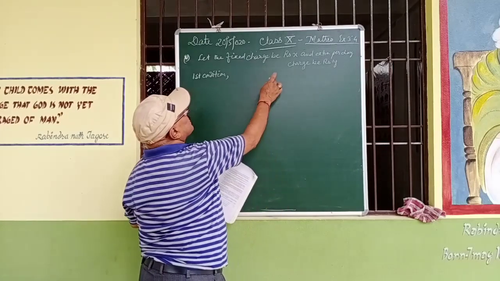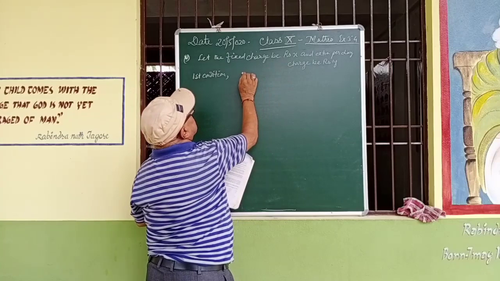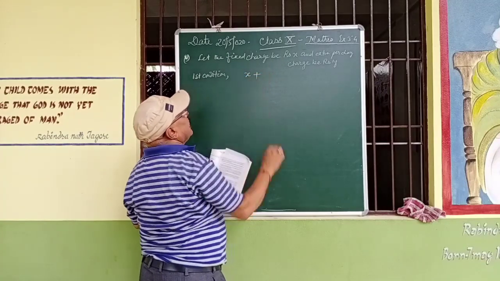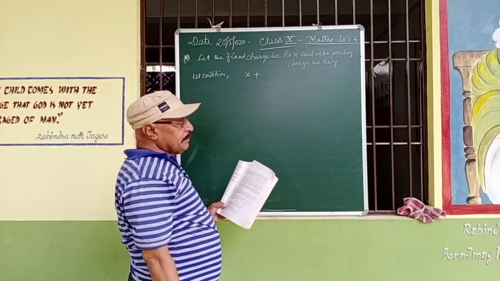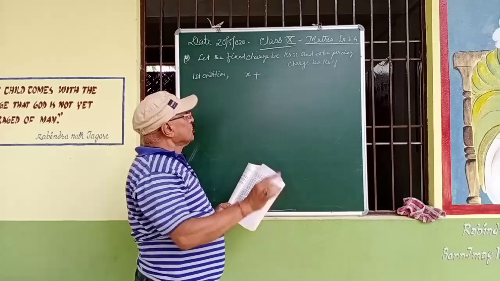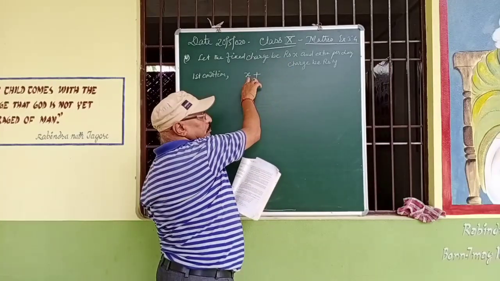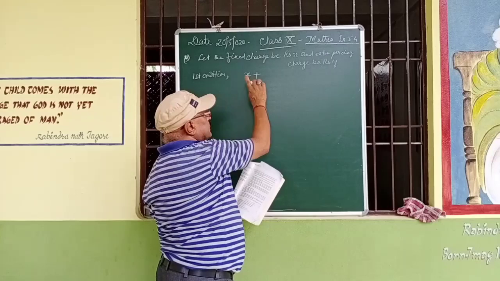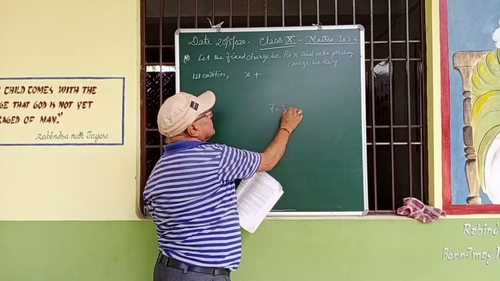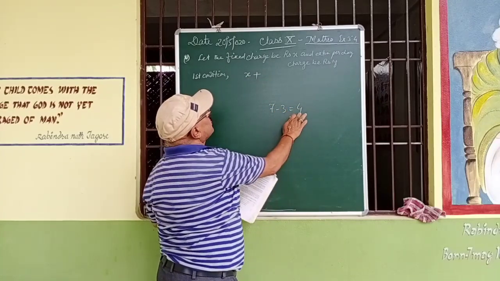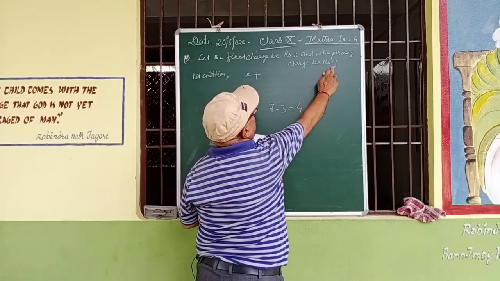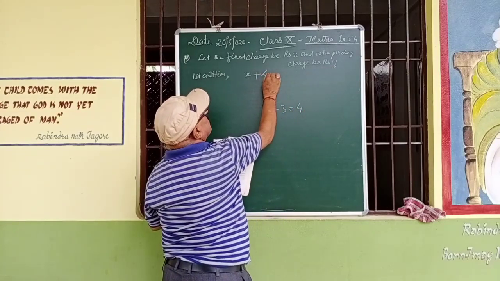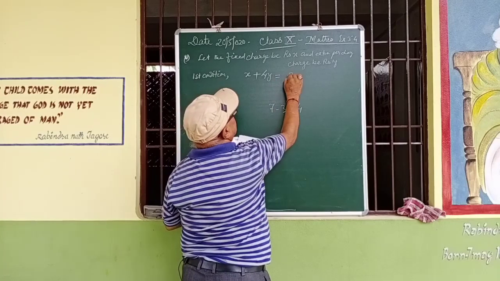For the first 3 days, she paid rupees x and she kept the book a total of 7 days, then 7 minus 3 remain 4 days. So for 4 days at y per day, it will be 4y. It will be rupees 27.